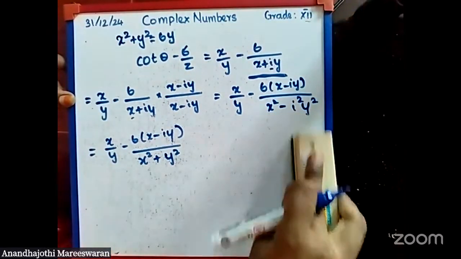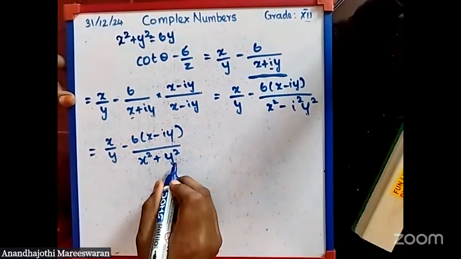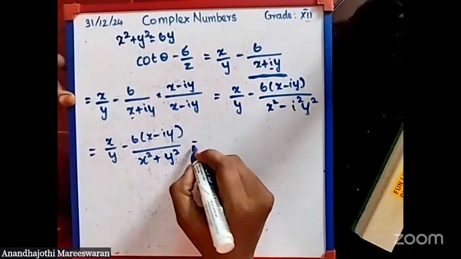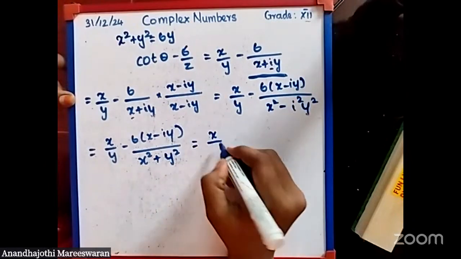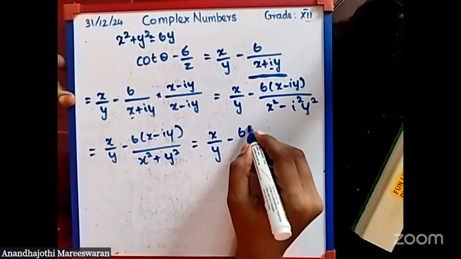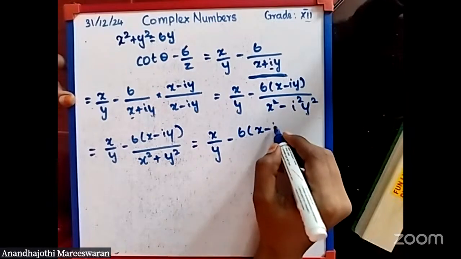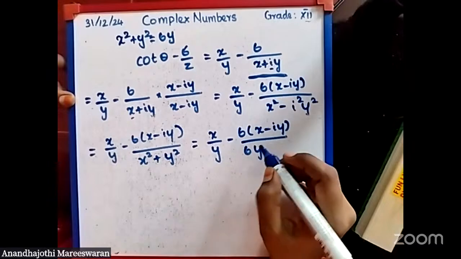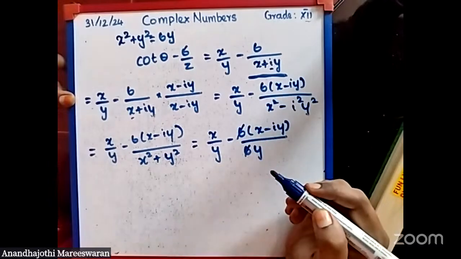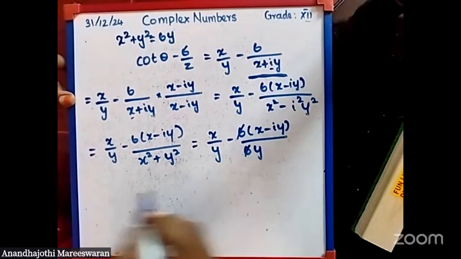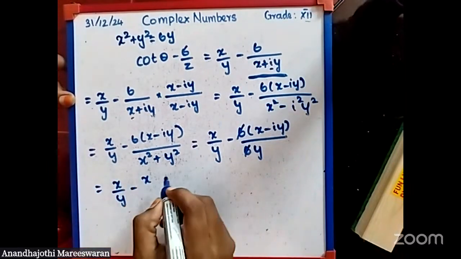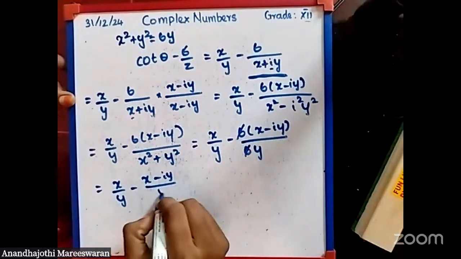So we all know that x squared plus y squared is equal to 6y. We are going to substitute this here. x minus y minus 6 multiplied by x minus iy divided by 6y. So this cancels this out, right? So x by y minus i minus iy divided by y.